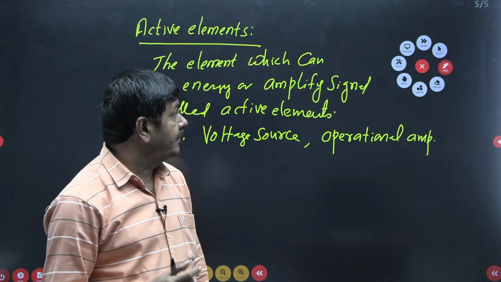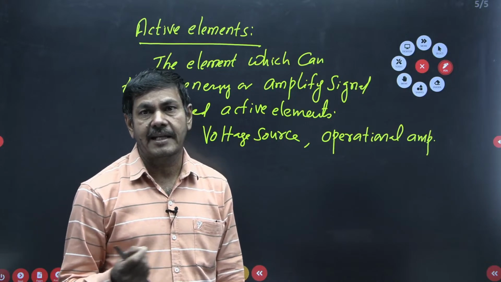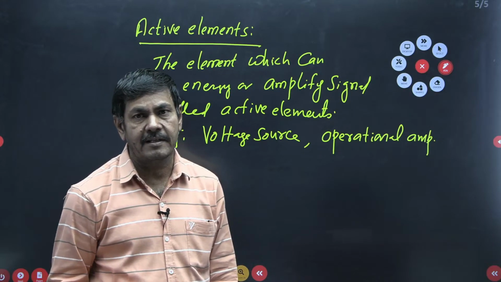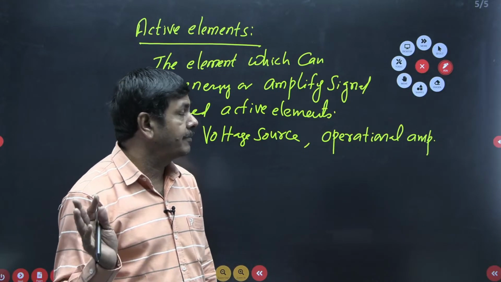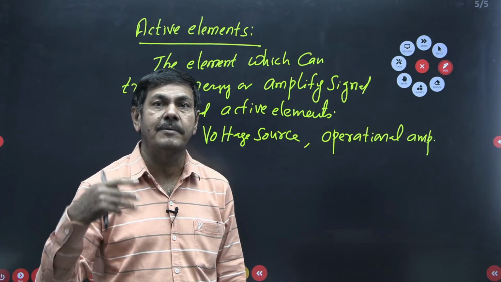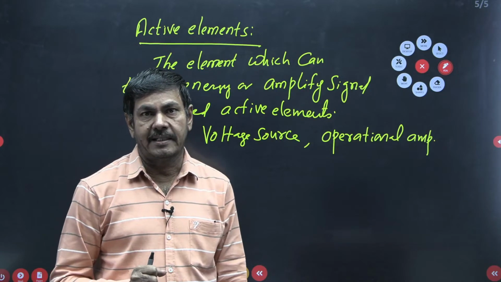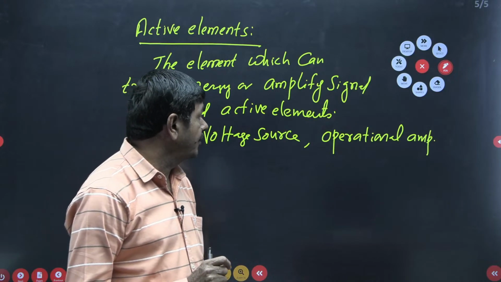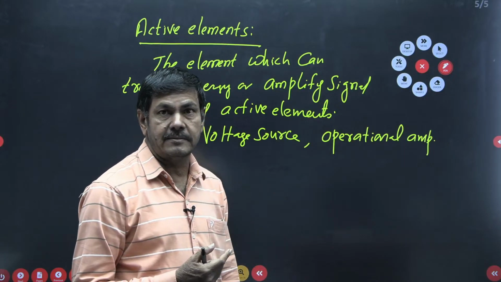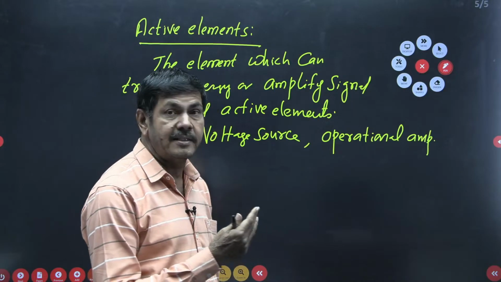The next definition given here is that which can amplify the signal can also be said to be an active element. The bipolar junction transistor or JFET or MOSFET, whatever it may be, even the operational amplifier will come under active elements, because they are going to amplify the signal. But here is the point you have to understand clearly. How can an operational amplifier act as an active element? It is amplifying the signal.